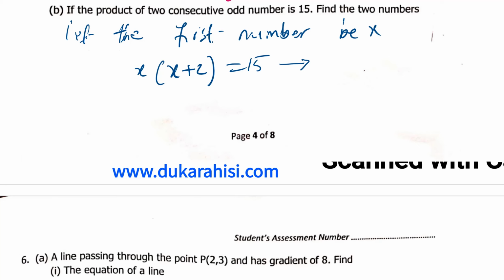So here we go. We have x squared plus 2x equals 15, so x squared plus 2x minus 15 equals 0.